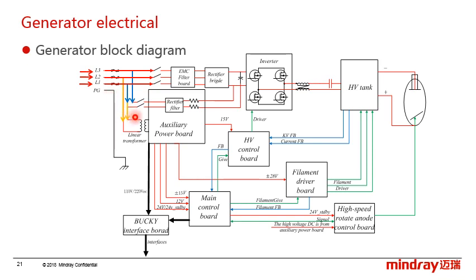And the L2 and L3 lines go through the linear transformer and convert to different voltages for all the boards, like the 24, 12, or 15 volts to the master control board, the 15 volts to the high voltage control board, and 28 volts to the filament driver board.